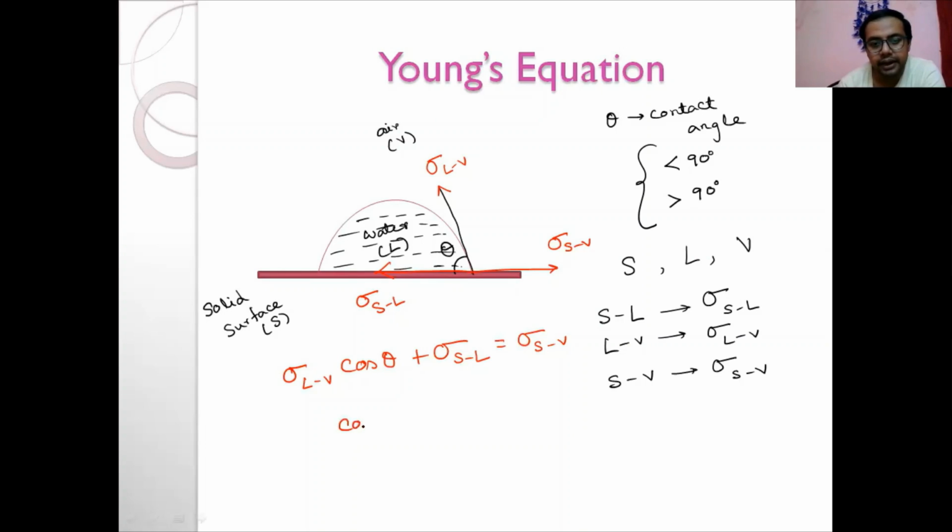Hence you can get the contact angle: cos theta equals sigma SV minus sigma SL divided by sigma LV. This equation is known as the Young's equation.